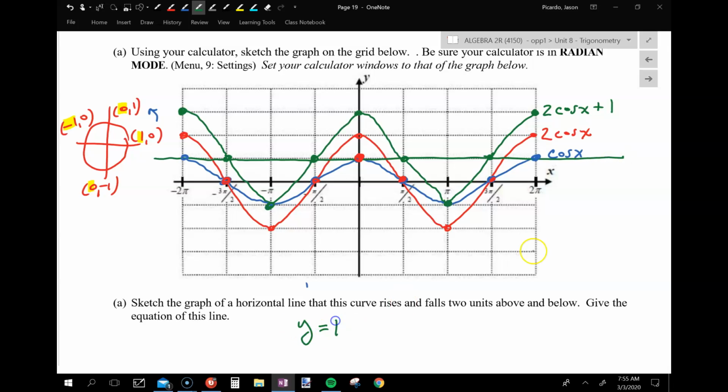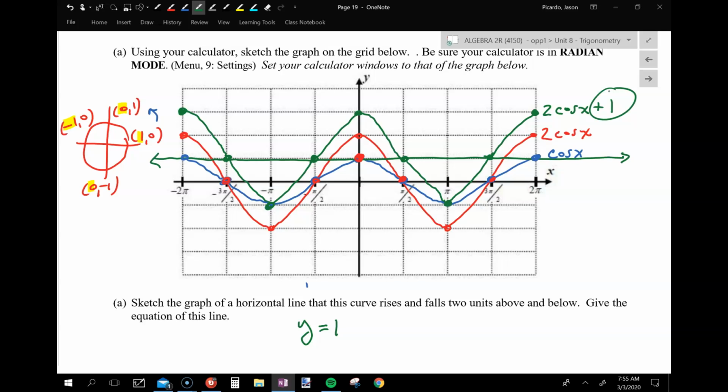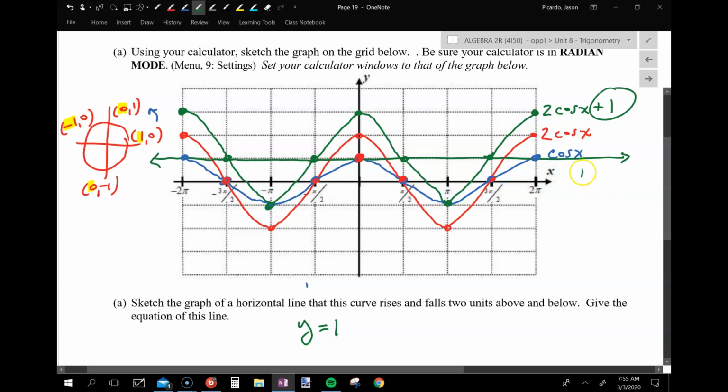That's the line y equals 1, right? Do you notice how that's the same as this? Yes? I'm going to give that a special name, guys. This is going to be called the midline. We're going to call that the midline.